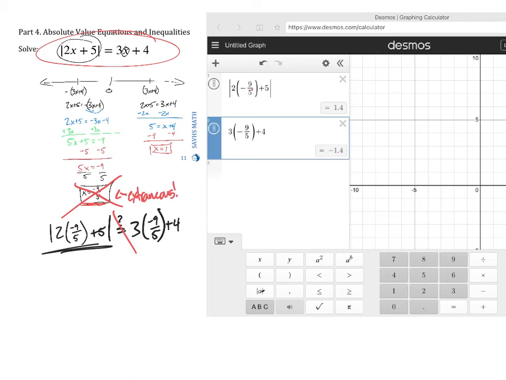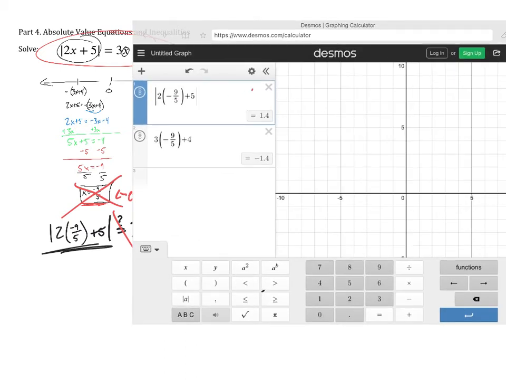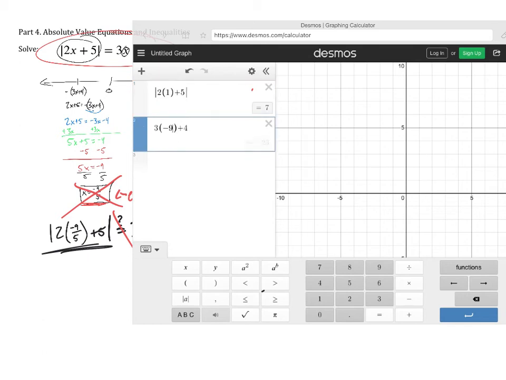Now, let's do the same thing in Desmos, except let's change the negative 9/5 to 1, because that's the other solution that we have. So we'll just delete that. And change it to 1. And then we got to change this one to 1 also. And this one should be a little bit clearer.